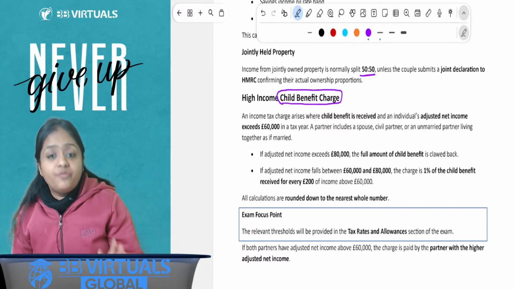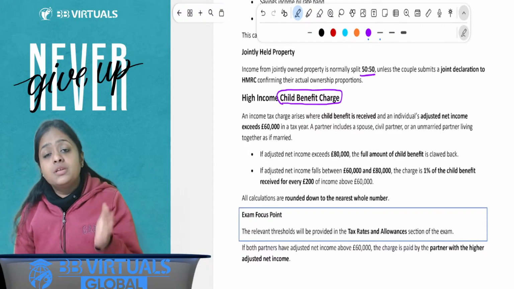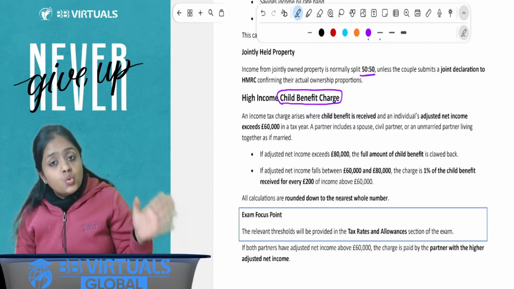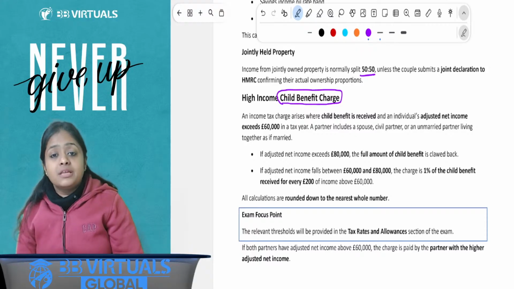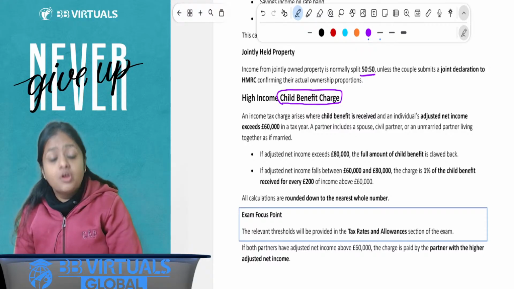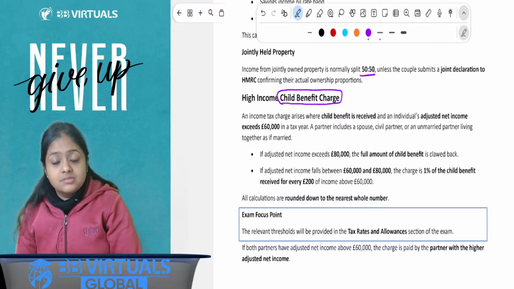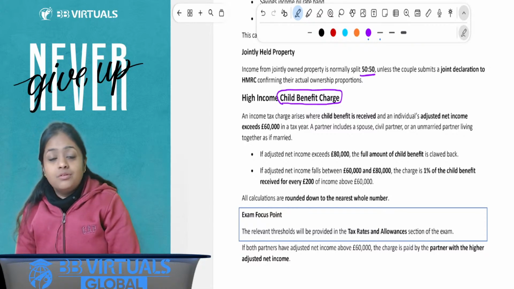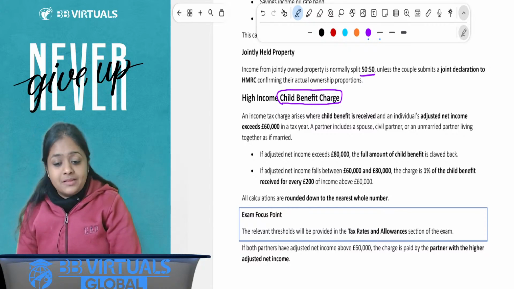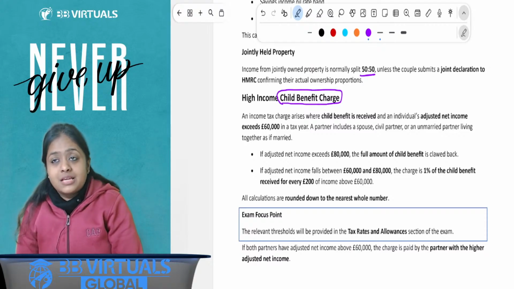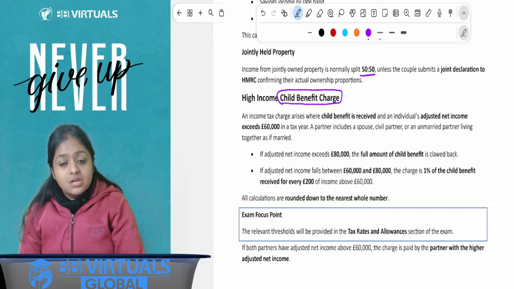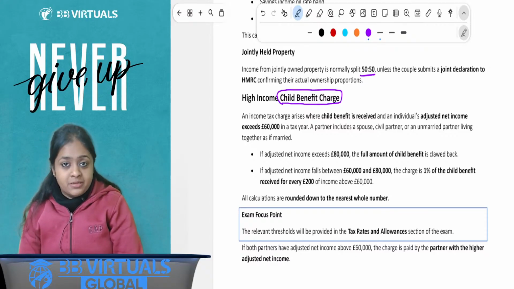So child benefit is basically an amount given by the UK government to one of the parents for raising the children, because raising children is very expensive. For their monthly maintenance, their education, their upbringing, and other expenses, the UK government gives an amount which is transferred to the bank account of one of the parents, and that is calculated on the number of children.